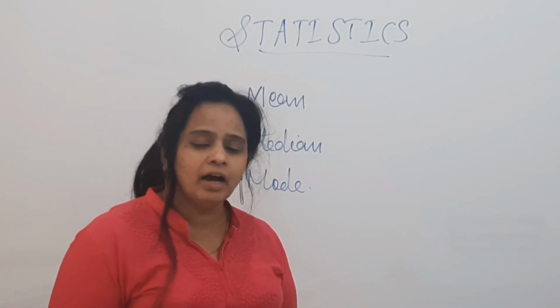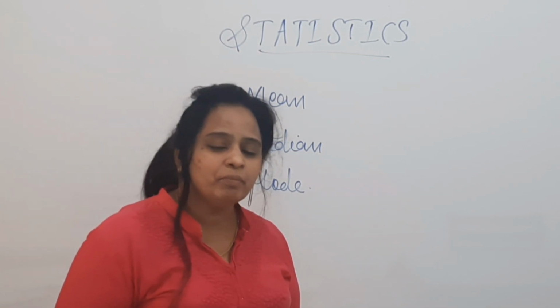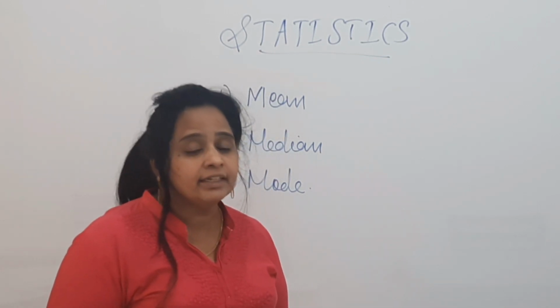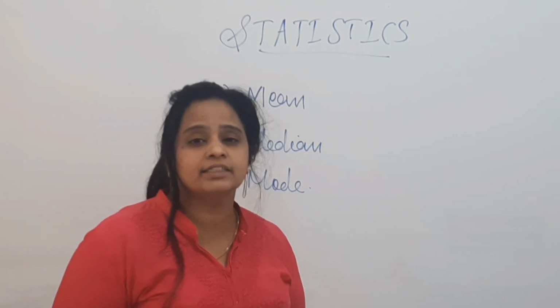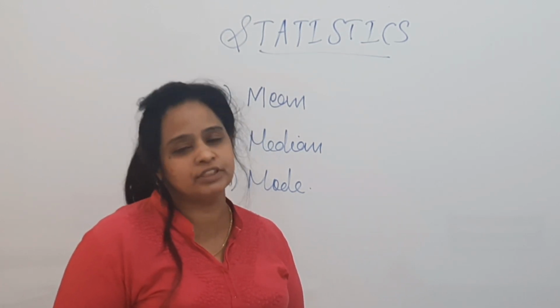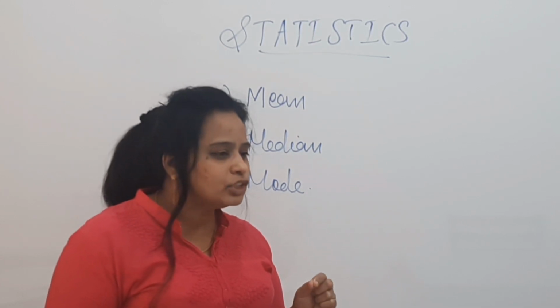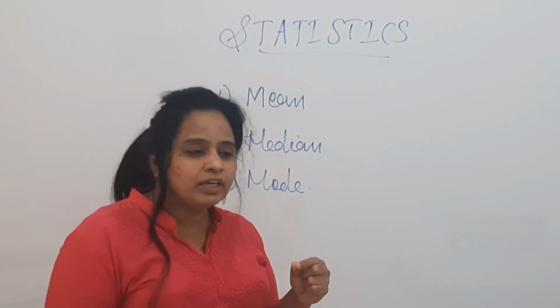So I'll make you recollect how to find the mean, median, mode when the data distribution is given under the category of ungrouped data collection. I'll give you a small difference between grouped and ungrouped data.